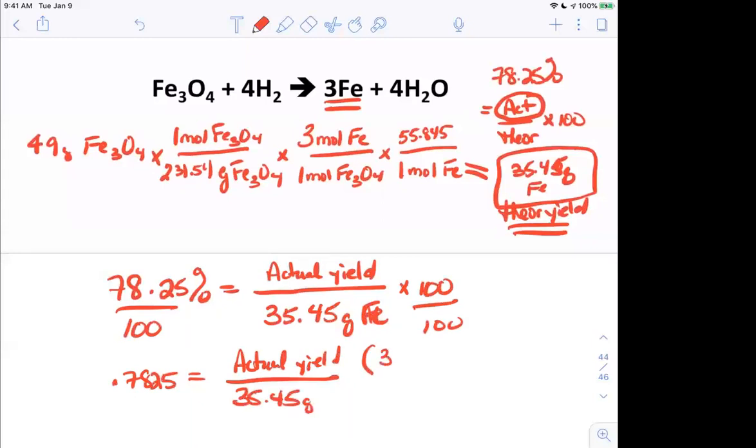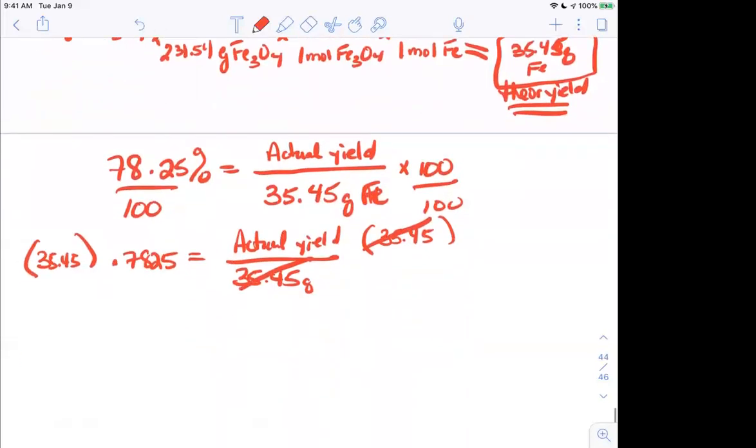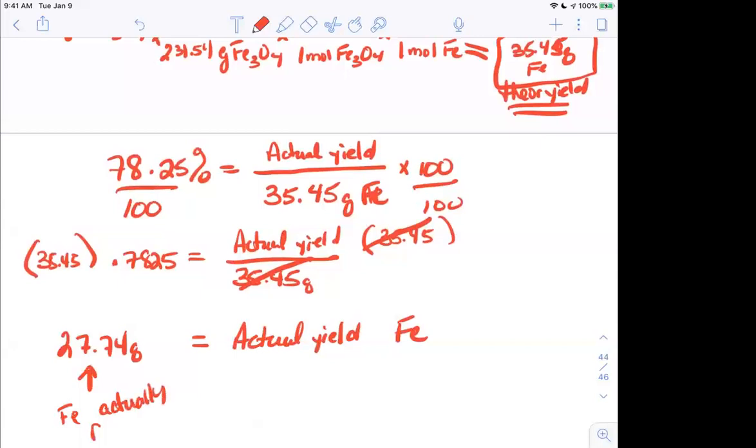I'm going to multiply by 35.45. That cancels. That gives me the actual yield in grams of the iron is 27.74 grams. So this is the iron that was actually produced in this reaction.